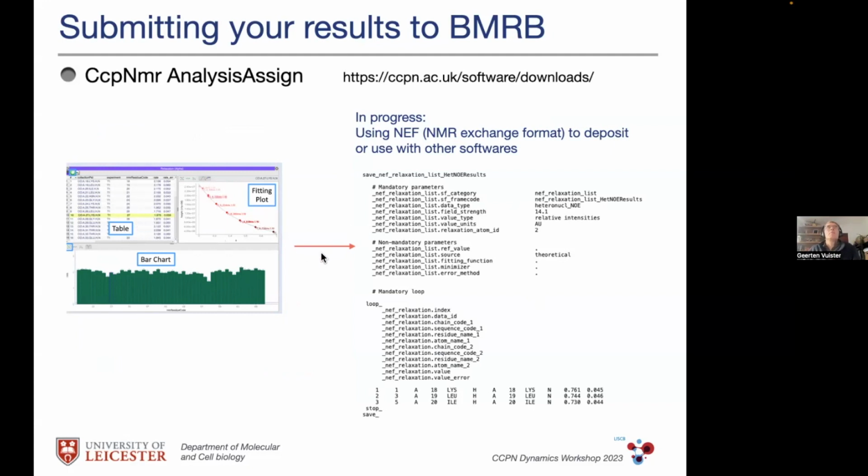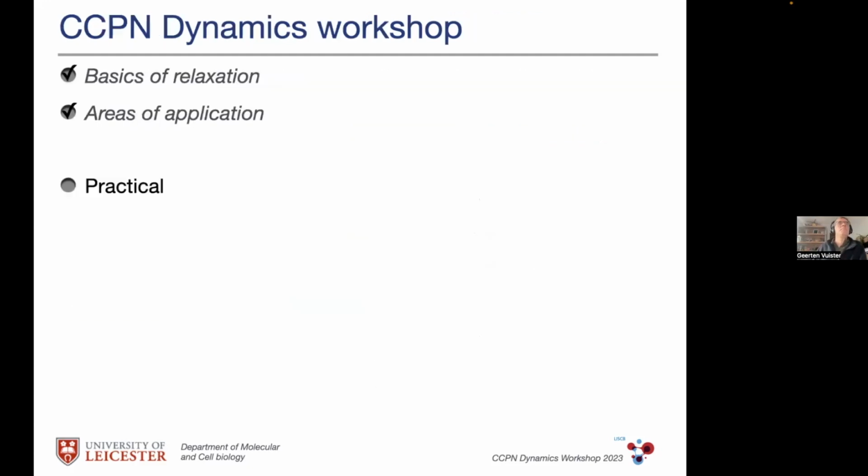I believe it is quite important to submit your results eventually to something like the BMRB. So we are designing a way that you can automatically generate what is now called NMR Exchange Format files, which will allow you to deposit those data with the BMRB seamlessly, but must also hopefully integrate with other software packages in an automated fashion. So now I'm going to hand over to Vicky to start you on the tutorial, the practical.